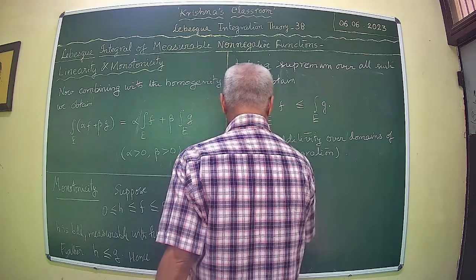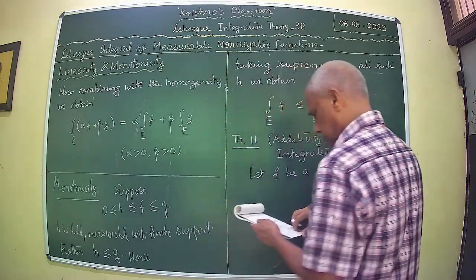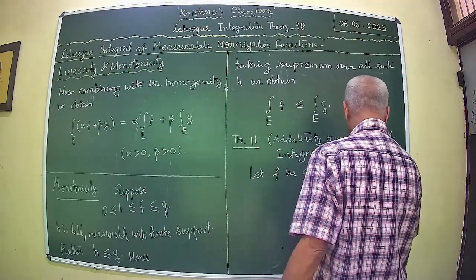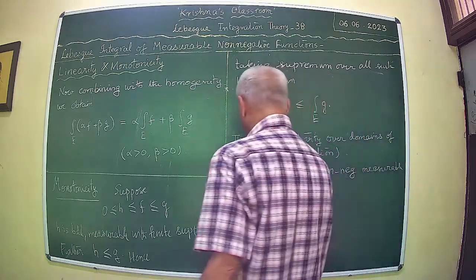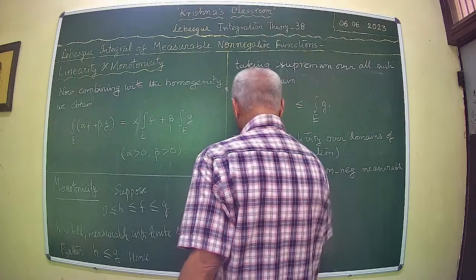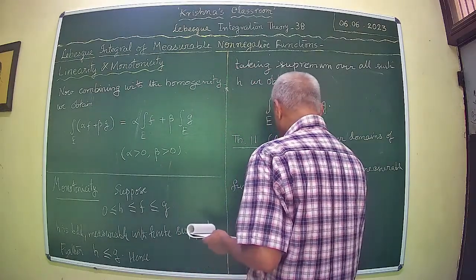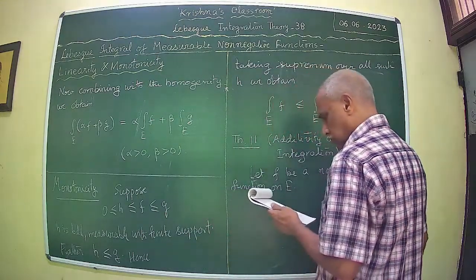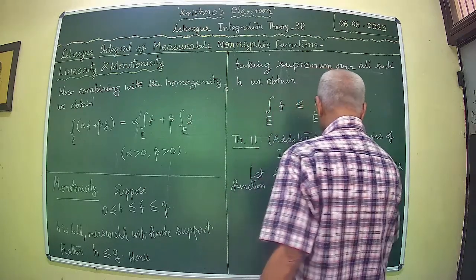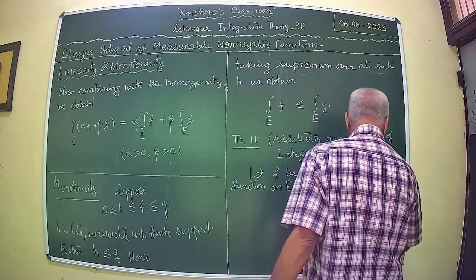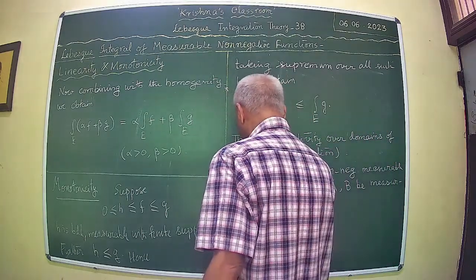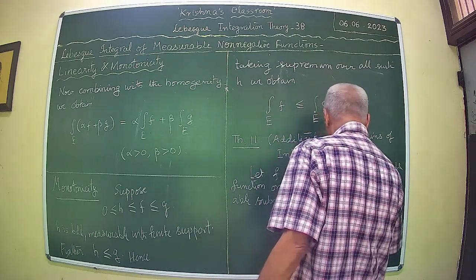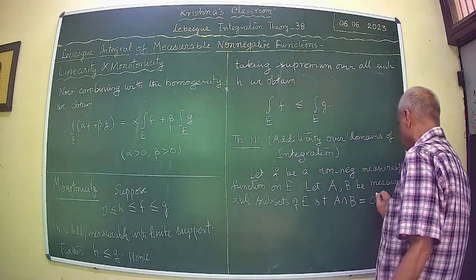So let f be a non-negative measurable function on D. Let A, B be measurable sets whose intersection is empty.